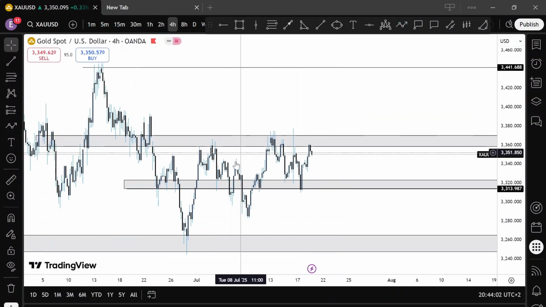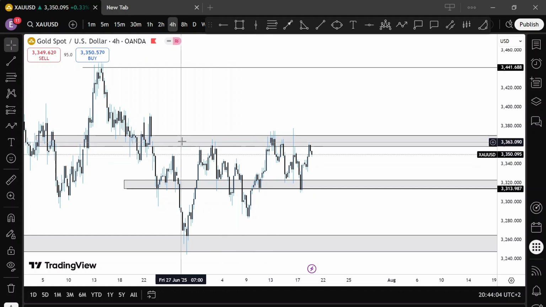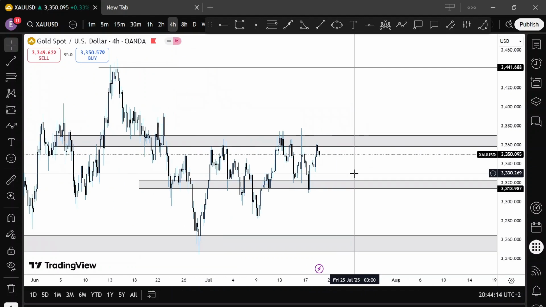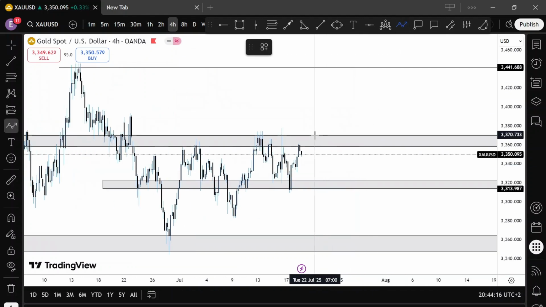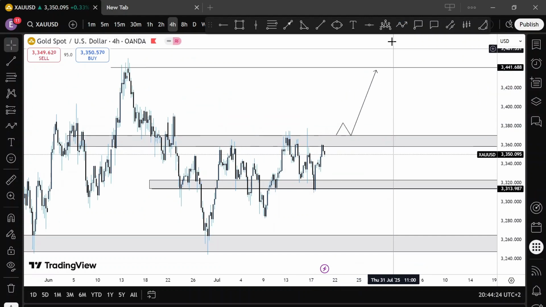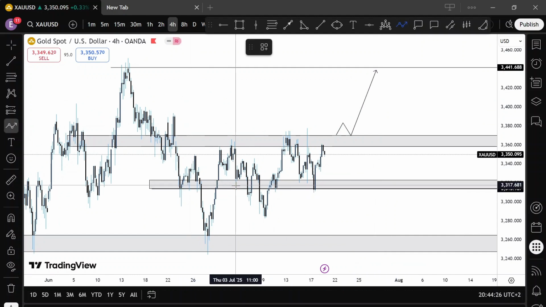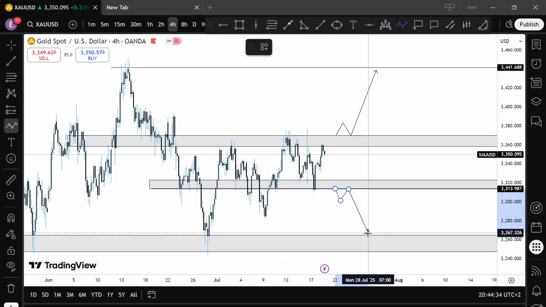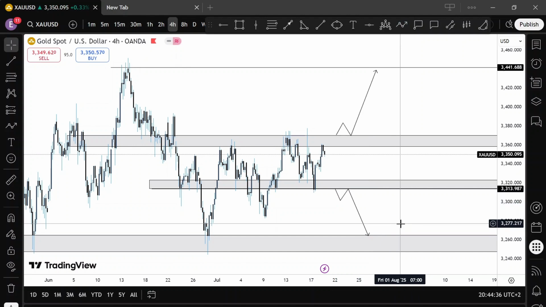And gold. It's been consolidating for weeks now around this region, so let's call it 3370 and 3300, let's call it 3310. Like I've been looking forward to, I want to see price either break above these regions, and then we'll be sure to see gold come back all the way to 3400 regions here, or see price break below this support it's been creating here and possibly look for opportunities to ride price down to 3250, 3200 regions.